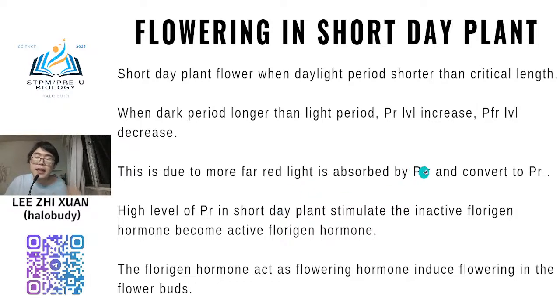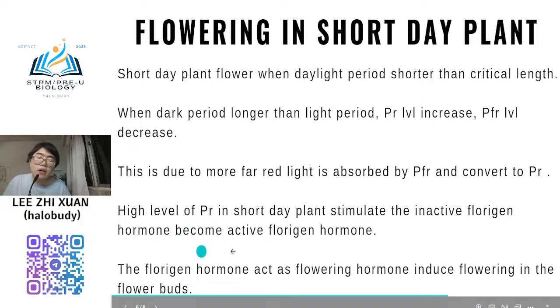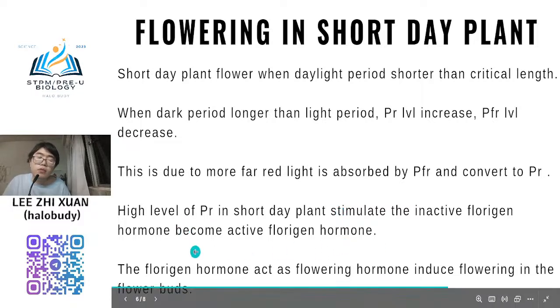So all your PFR will absorb far red light and convert to PR. So that is why your PR will increase. So your high level of PR in short day plant will stimulate the florigen. Florigen is the key hormone, what we call the flowering hormone, to promote flowering.